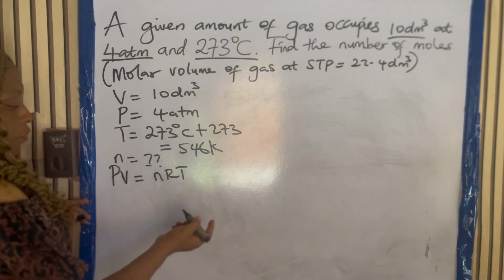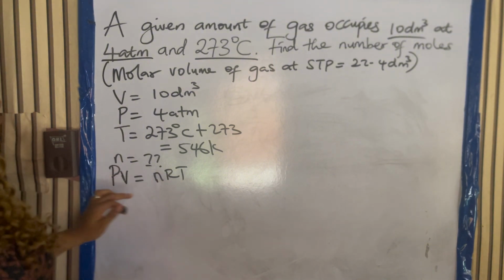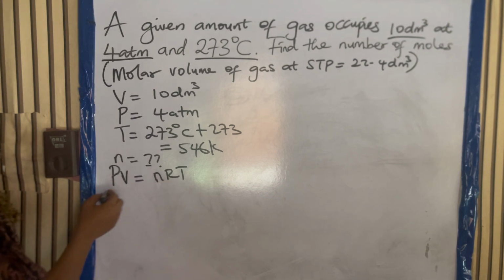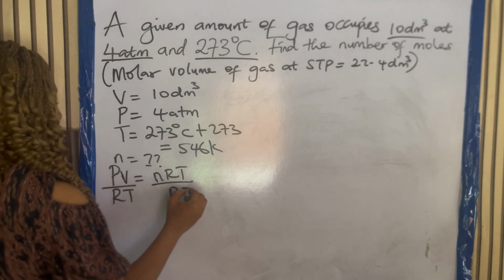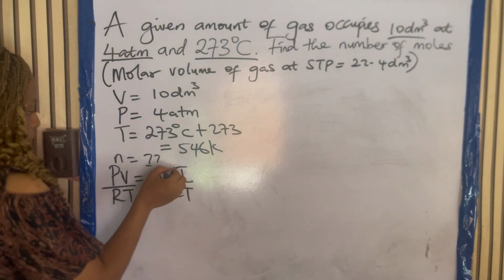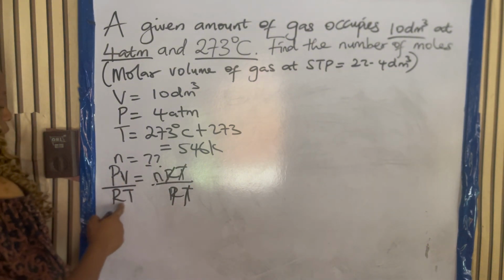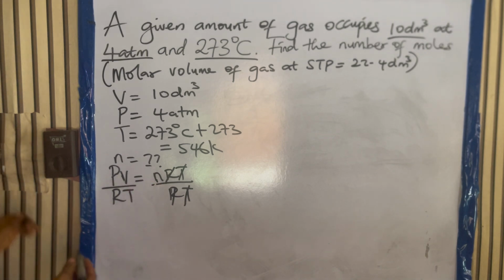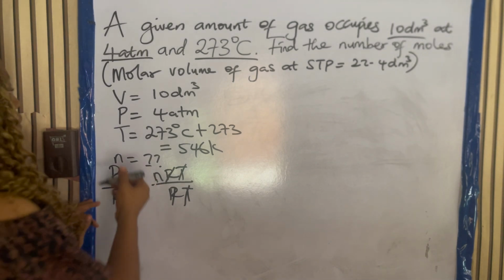We can now solve. We are looking for n, the number of moles. So if we make n subject of the formula, we are going to divide by RT over RT because we are making n subject of the formula. So cancel, cancel. You have that PV over RT is equals to n. So we are now looking for n. P is what?